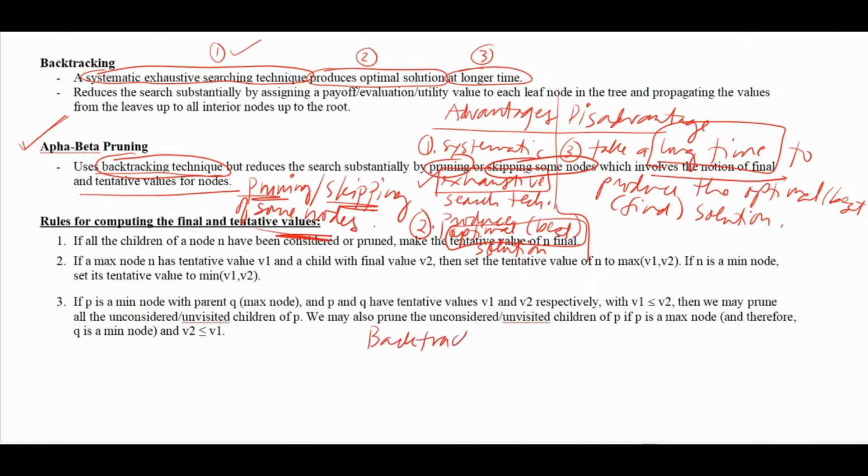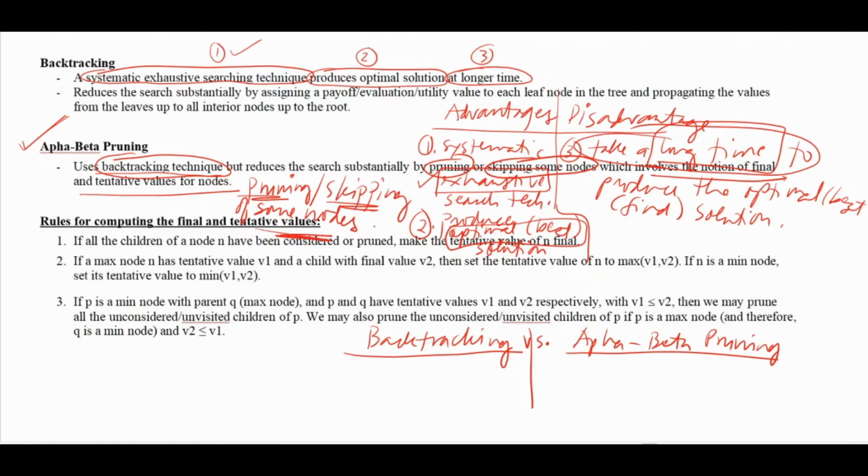So if we compare the standard or normal backtracking versus alpha beta pruning, the disadvantage of backtracking, which is that it takes a long time to produce the optimal or best solution, is solved in alpha beta pruning.